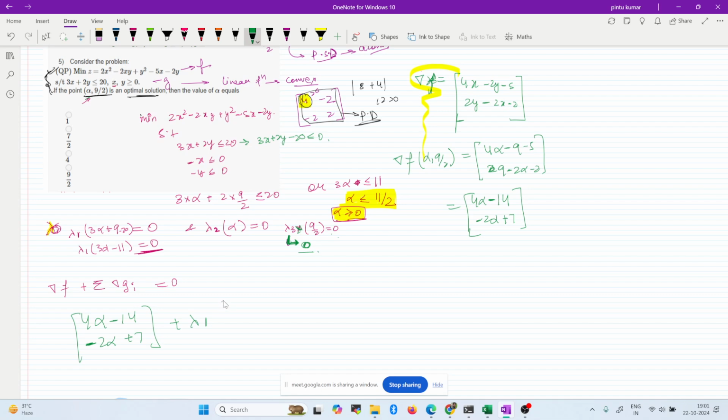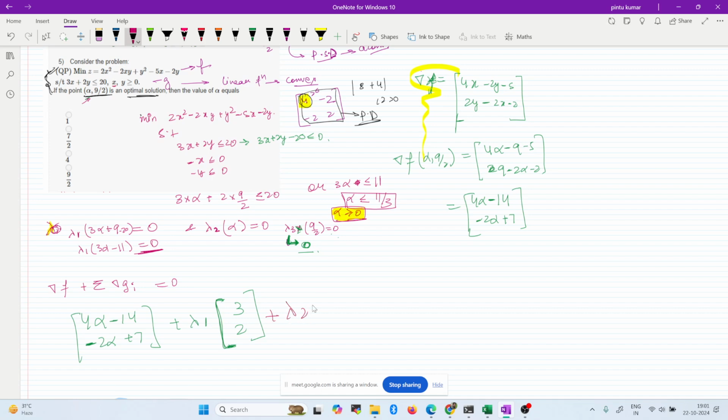Then you have lambda 1 times the gradient of this constraint, which would be 3 and 2, because the x gets cancelled.